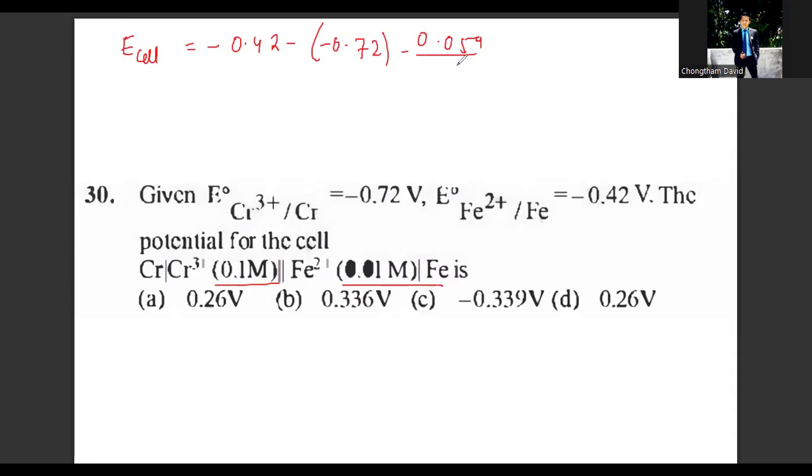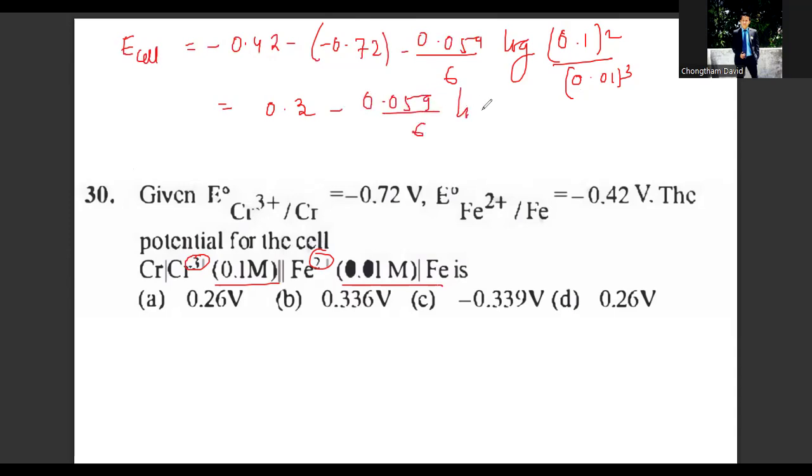Total number of electrons would be, take the LCM when the numbers are not equal, 6. Log, chromium is 0.1. After balancing, you would be getting here 2. For iron, you would be getting here 3. And if you simplify this, 0.3 minus 0.0596 log 10 to the power minus 2 by minus 6, right?